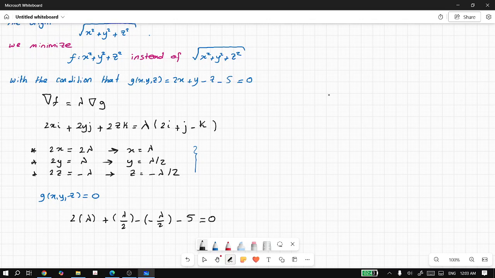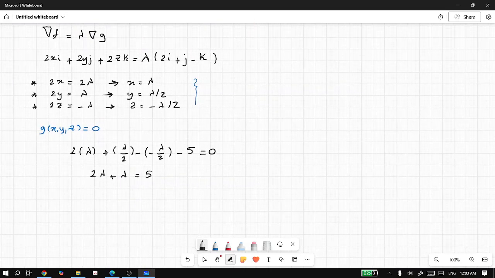Here we get that this is 2 lambda. This part becomes lambda over 2 plus lambda over 2, which is 2 lambda over 2. So it becomes plus lambda is equal to 5. Okay, I'm taking 5 to the other side. So from here we get lambda is equal to 5 over 3. So since lambda is equal to 5 over 3, we know that x is equal to lambda.